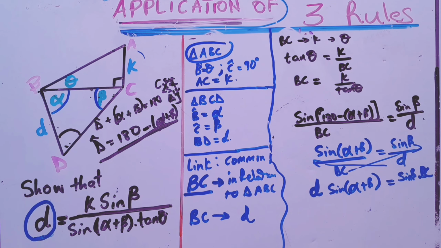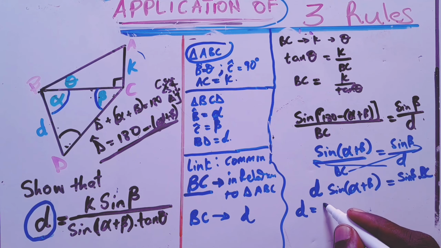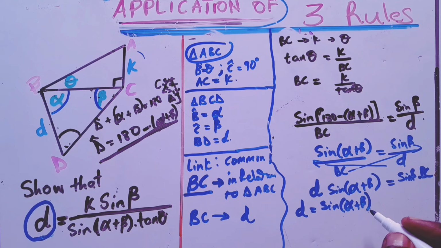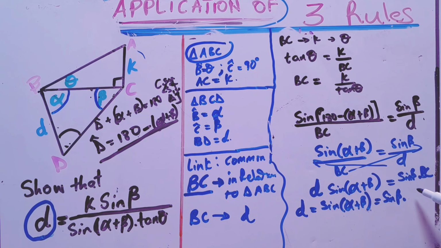Can you see that? Right? So our D now becomes our sine alpha plus beta. So this is more like we are solving the identity now, right? So this will be equals to sine beta multiplied by and then the value of BC, it is K over tan of theta. Can you see that?